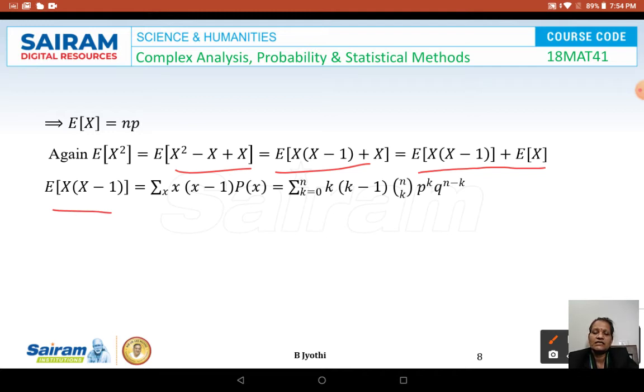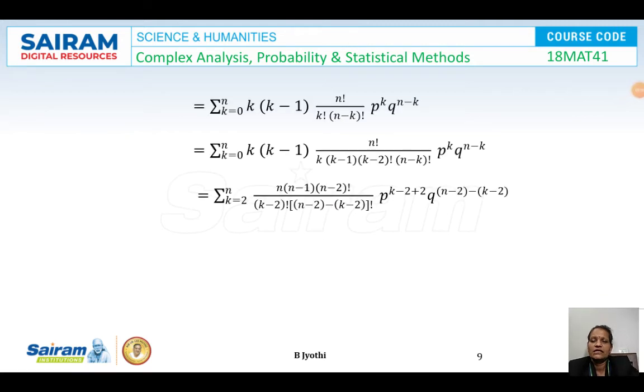So this is nothing but x into x minus 1 times P of x, that is summation k into k minus 1 nCk into p power k q power n minus k. So that is nothing but summation k into k minus 1 n factorial by k factorial into n minus k factorial p power k into q power n minus k.